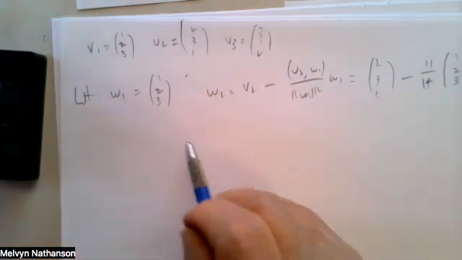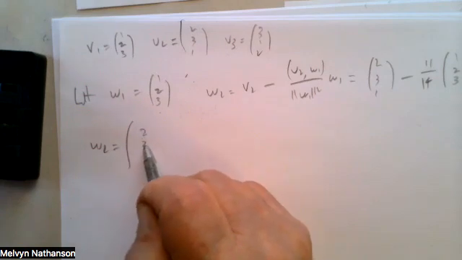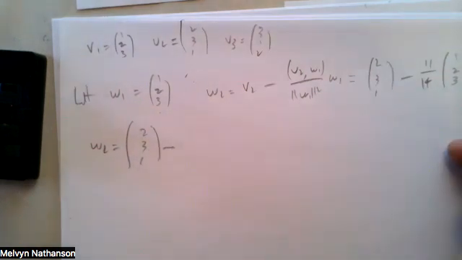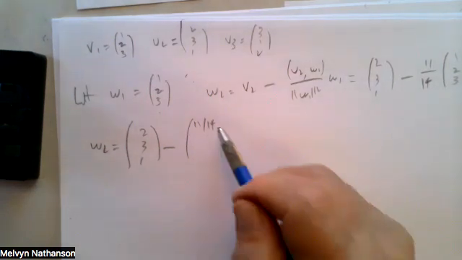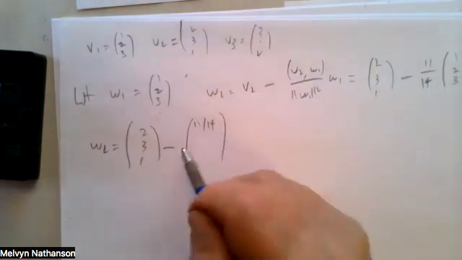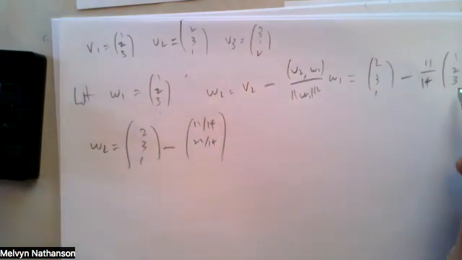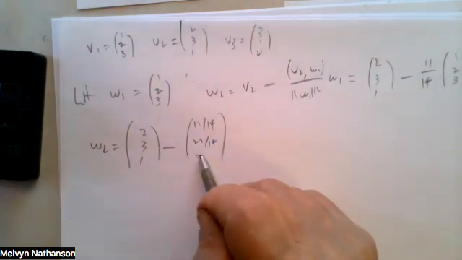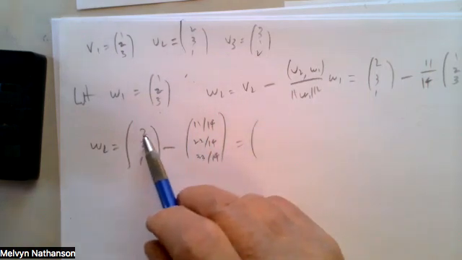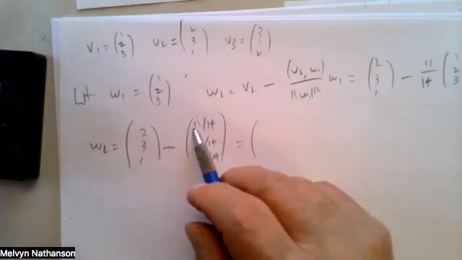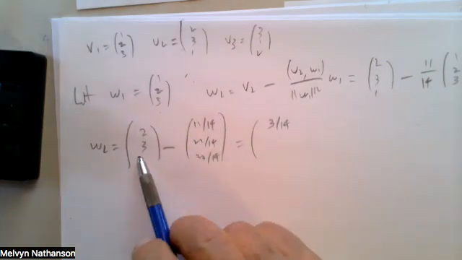So what is this? W2 is 2, 3, 1 minus 11 over 14 times 2, 3, 1... 3 times 11 over 14. This is 14 minus 11 over 14.